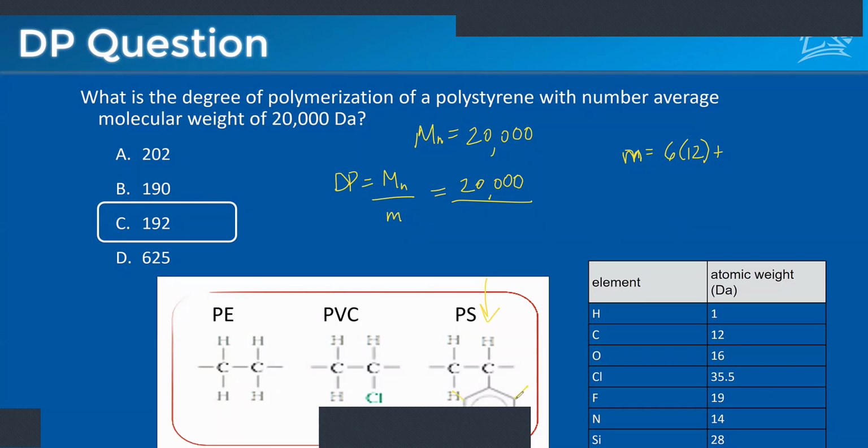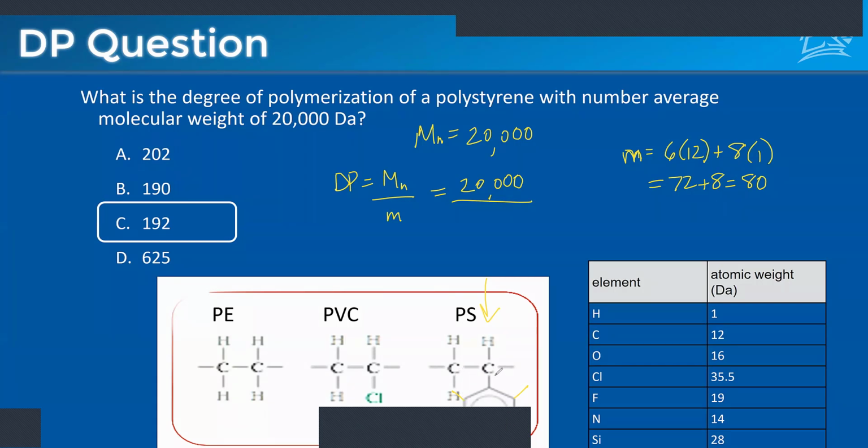So there are 5 hydrogens on the ring, and 3 hydrogens on the backbone. So we've got 8 hydrogens overall. Molecular weight of a hydrogen is 1. So we've got 72 plus 8. Did I do that right? 72 plus 8, 80. I think I messed something up. 6, 7, 8. 1, 2, 3, 4, 5, 6, 7, 8.